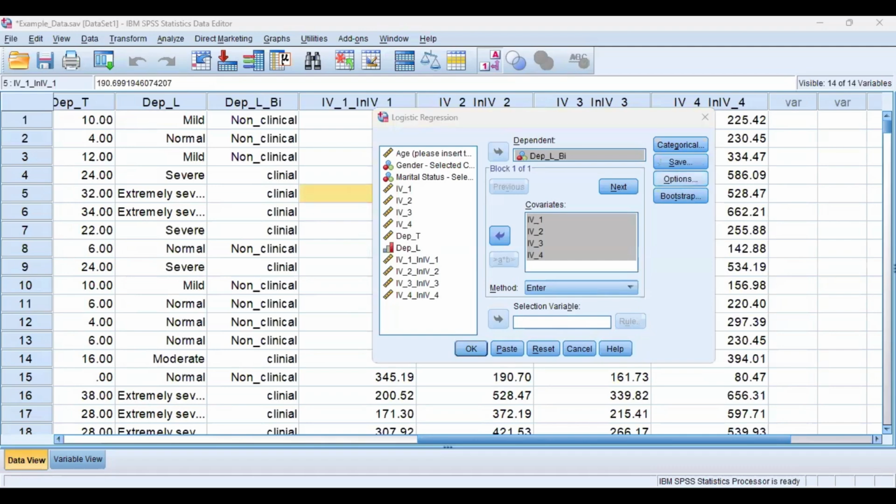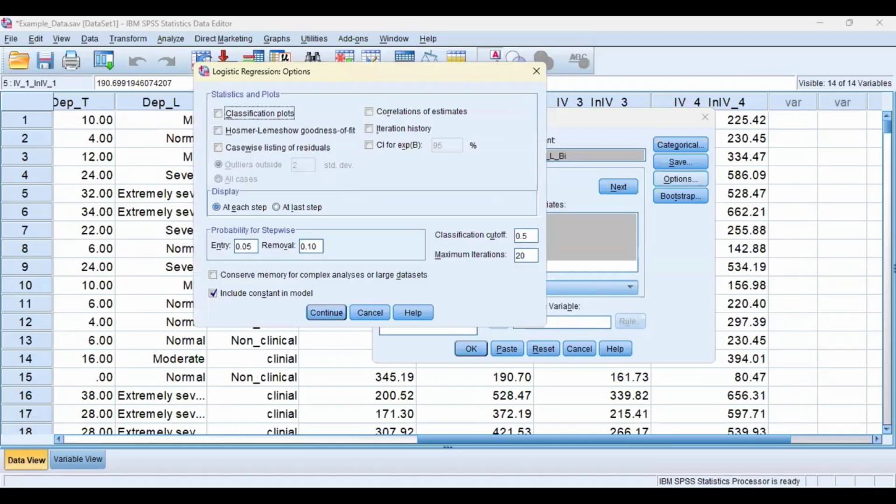And then I go to Options, and there are a few options that are not ticked by default, and I want to make sure that they are ticked. So here in Options, I go to Classification plots and CI for Exp(B), that is actually the odds ratios, because I want confidence intervals for odds ratios.